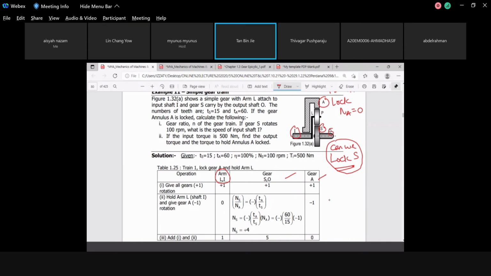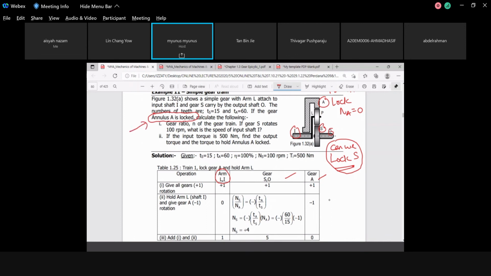Why? Because S is the output shaft. No, because the question asks you to lock A. If the question asks you to lock S, you can lock S. But at the moment, the question asks, can you free the gear?